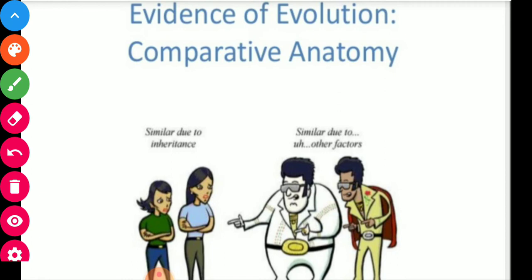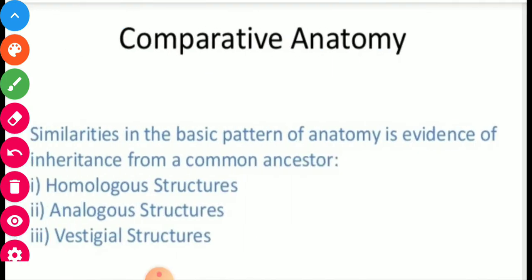So here you can see the two figures: structure due to inheritance and the similarity due to other factors. Now, under the comparative anatomy, we will study similarities in the basic pattern of the anatomy with the evidence of inheritance from a common ancestor.